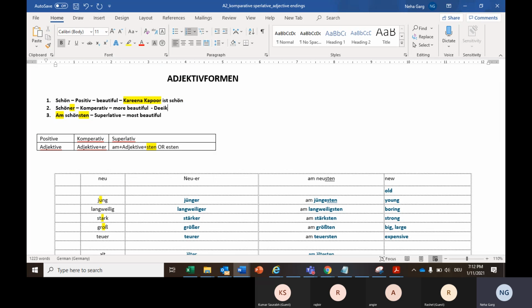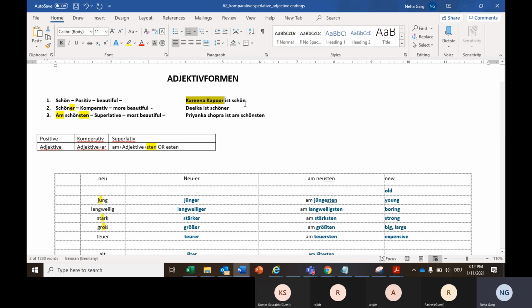Then Deepika is schöner, aber maybe let's say Priyanka Chopra is schön. So these are the three sentences which I have made for schön, where I'm comparing three actresses.